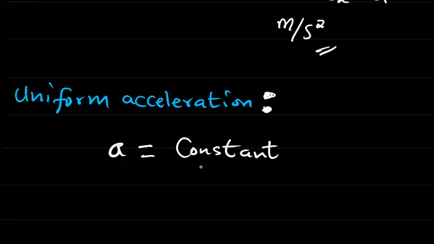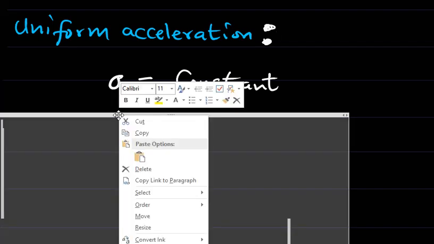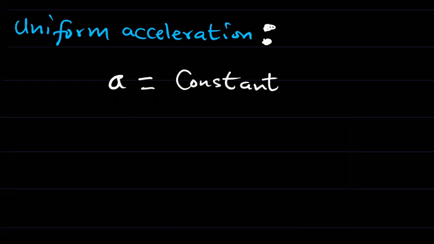When the acceleration is constant at any time in the journey, then such an object is said to have uniform acceleration. Please take note of that.